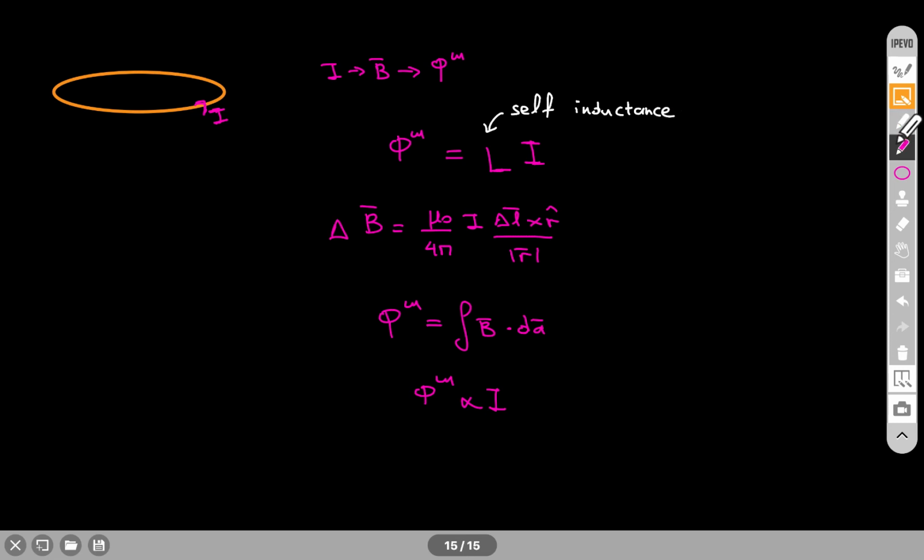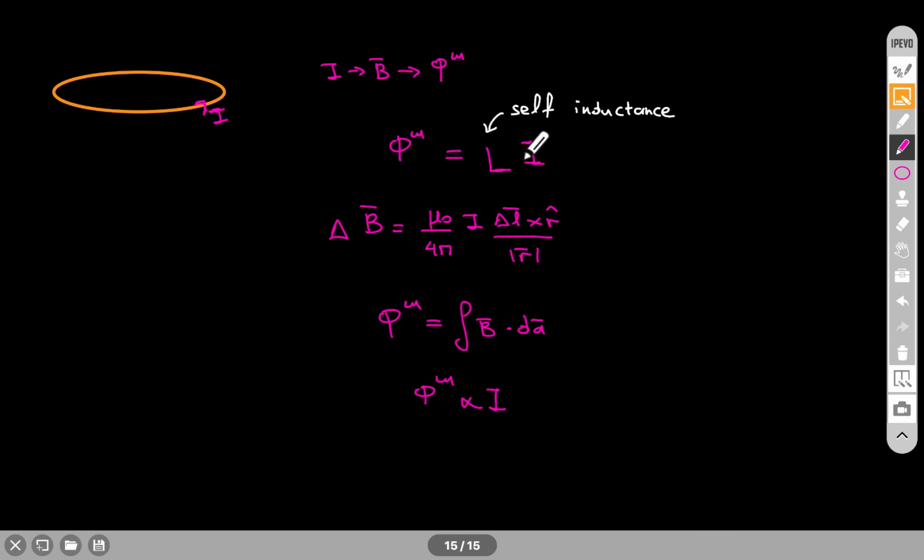And it is a little bit weird to think about the flux that the loop itself creates, but it is important to take it into account in some physical phenomena.